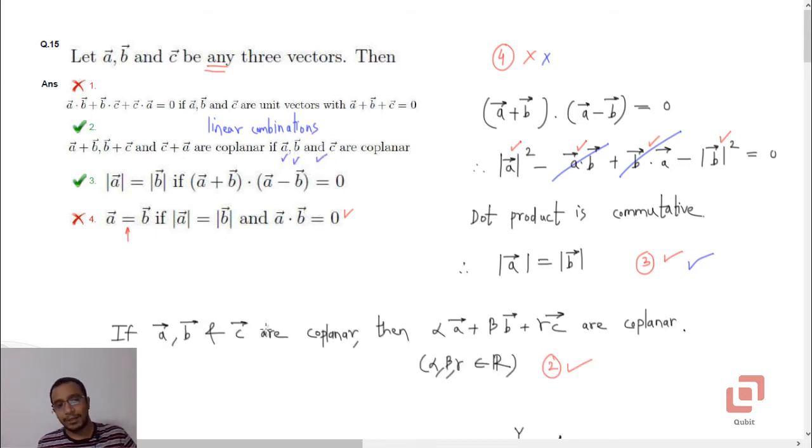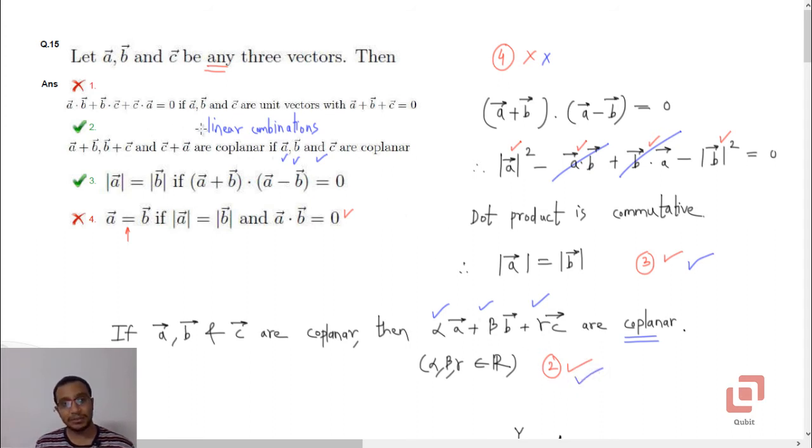And we know from our theorems that if we have three coplanar vectors, then any linear combination of them, with alpha, beta and gamma as real scalars, will also be coplanar with not only the original vectors but also with other linear combinations. So that also confirms that option 2 is also right.